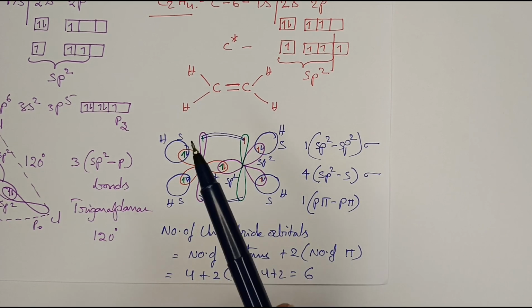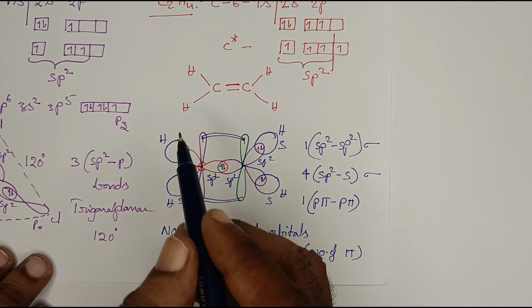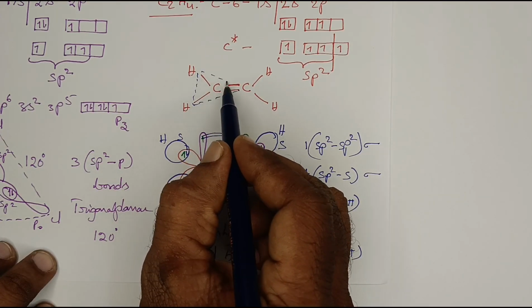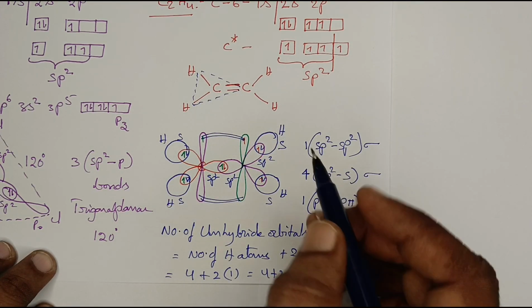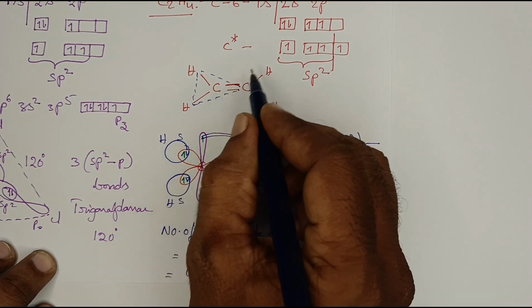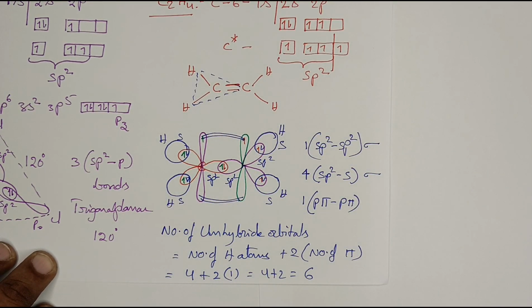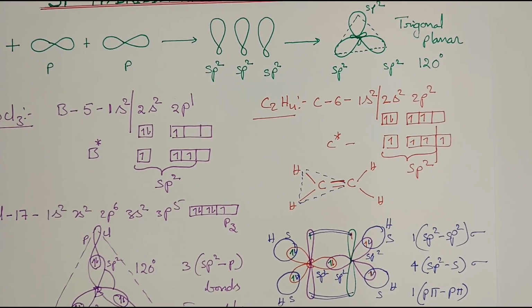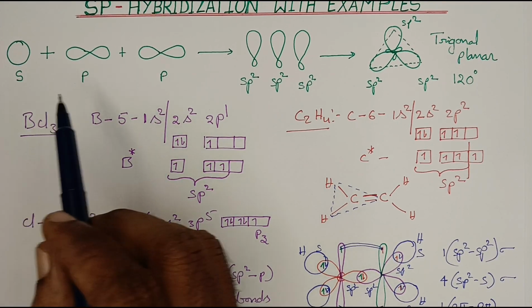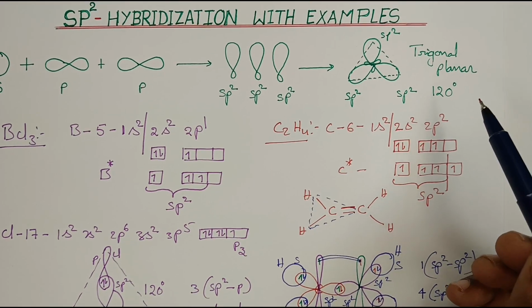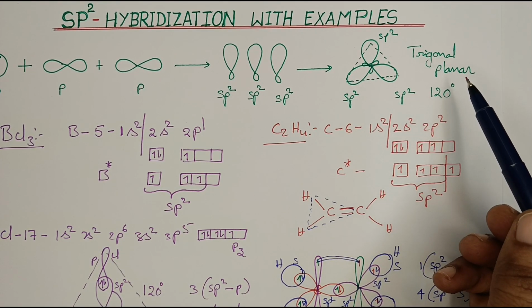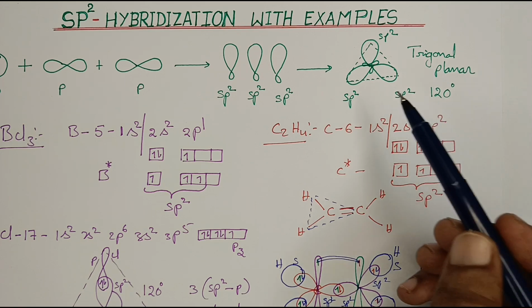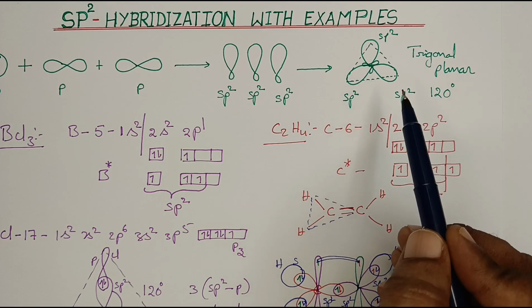In this structure also, the shape of the molecule is trigonal planar and the bond angle is 120 degrees. So finally, if any molecule undergoes sp2 hybridization, the shape of the molecule will be trigonal planar and the bond angle is 120 degrees only if there are no lone pairs of electrons.